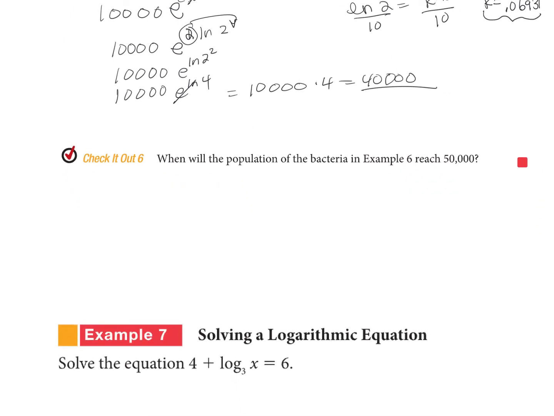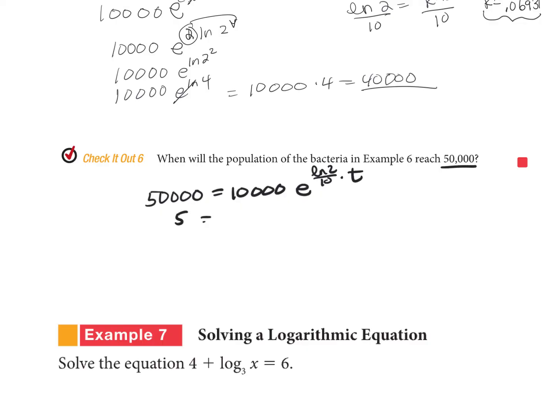All right, so now they want to know when it's going to equal 50,000. That's not going to be a whole number. So let's put 50,000 here. Go ahead and pause and see if you can set this up for a second yourself. Great. 50,000 equals 10,000 e to the k, which we had as ln 2 over 10, times t. And now we're solving for t.